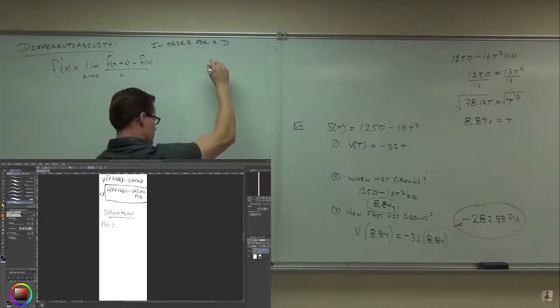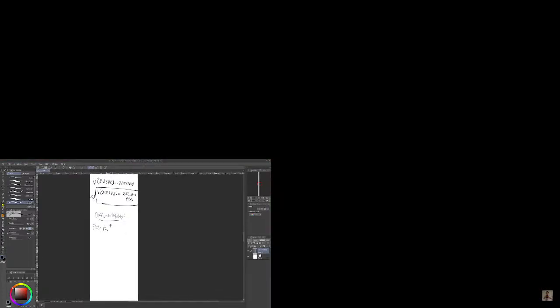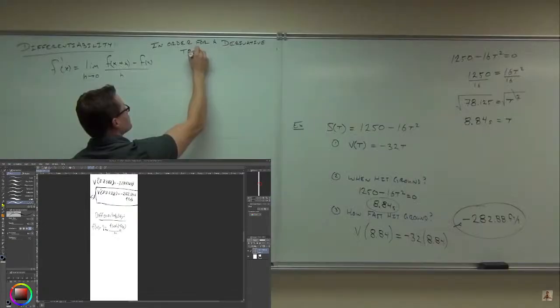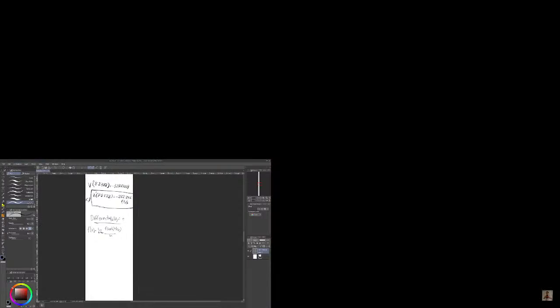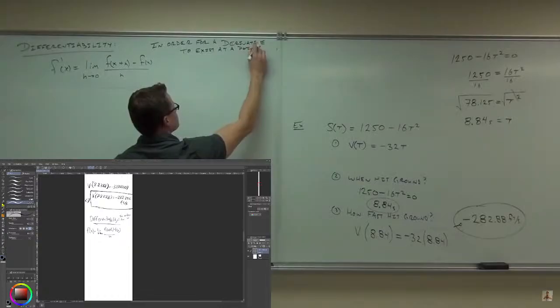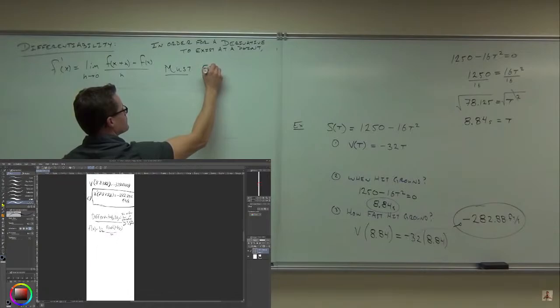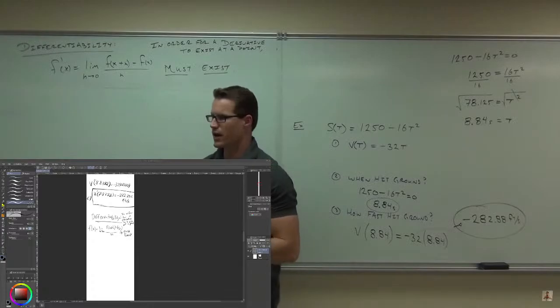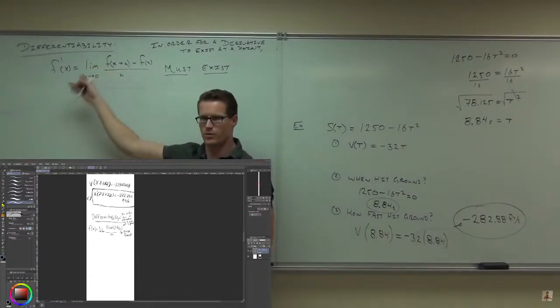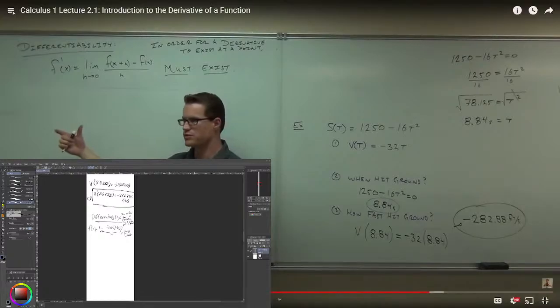Alright, pretty basic so far. In order for a derivative to exist at a point, this thing must exist. Well, that should make sense. You have to be able to take the derivative, right? And the derivative would mean working out this formula, because that is the formula for our derivative, true?